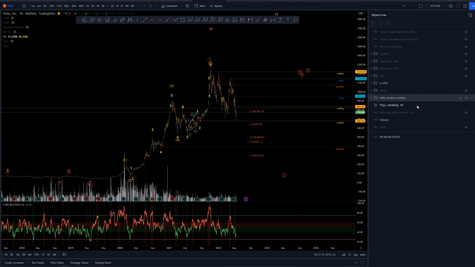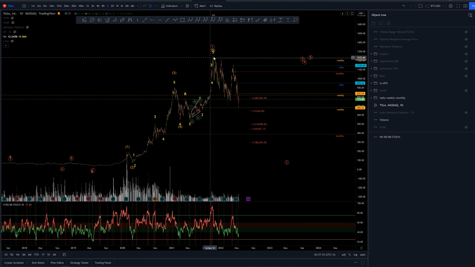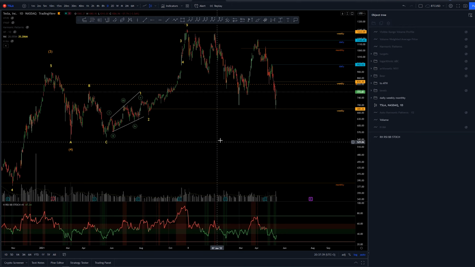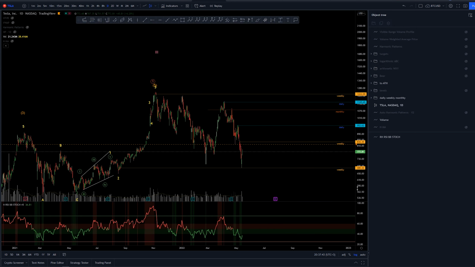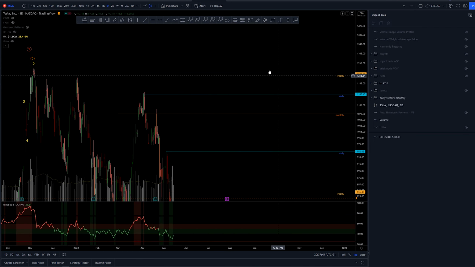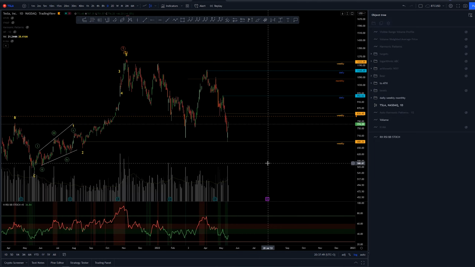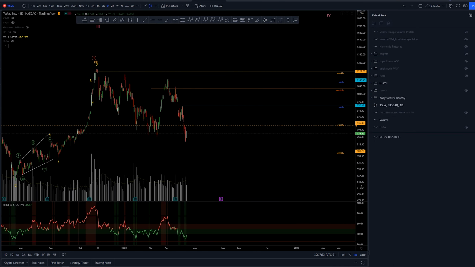Now Elliott Wave wise, we've gone through this count before, but again the count says that we have topped here in wave 1 of primary, and are now creating some kind of correction. There are also other possibilities, but I'm not going to go over that in this video.